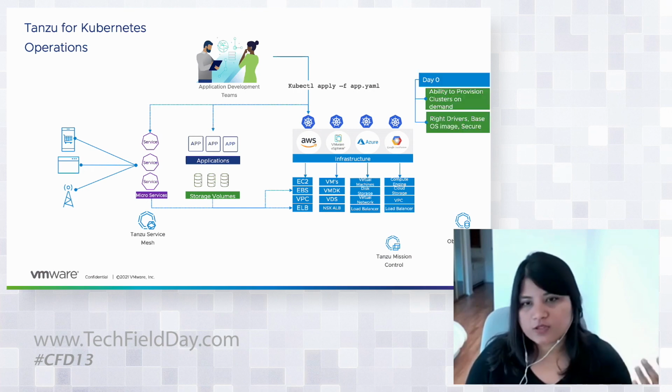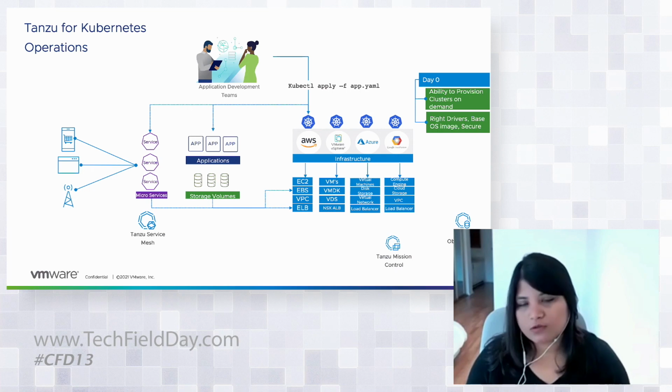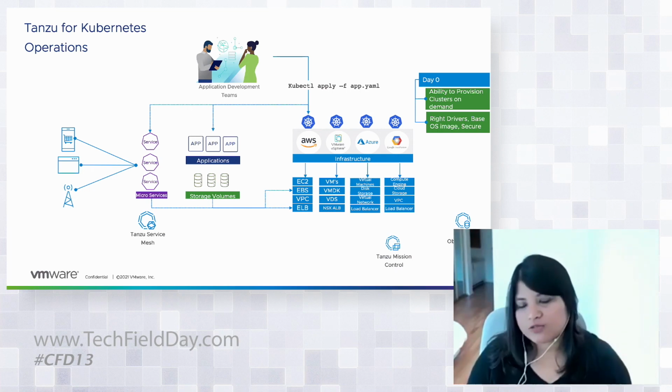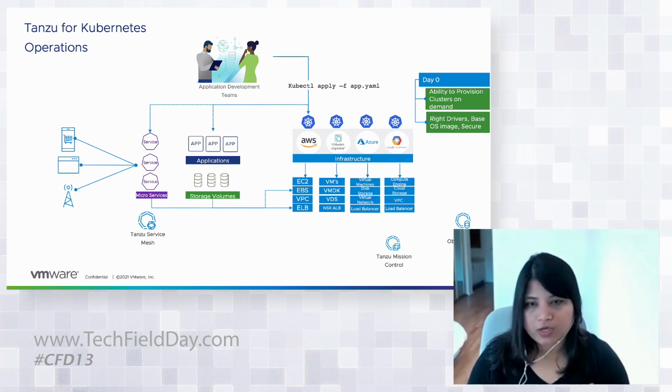On day 0, we are leveraging Tanzu Kubernetes Grid, which is a way of creating that runtime on a cloud provider or infrastructure of your choice. It gives you the ability to set the right base operating images, the drivers needed to run a cluster effectively, and high availability requirements, etc., taken care of.